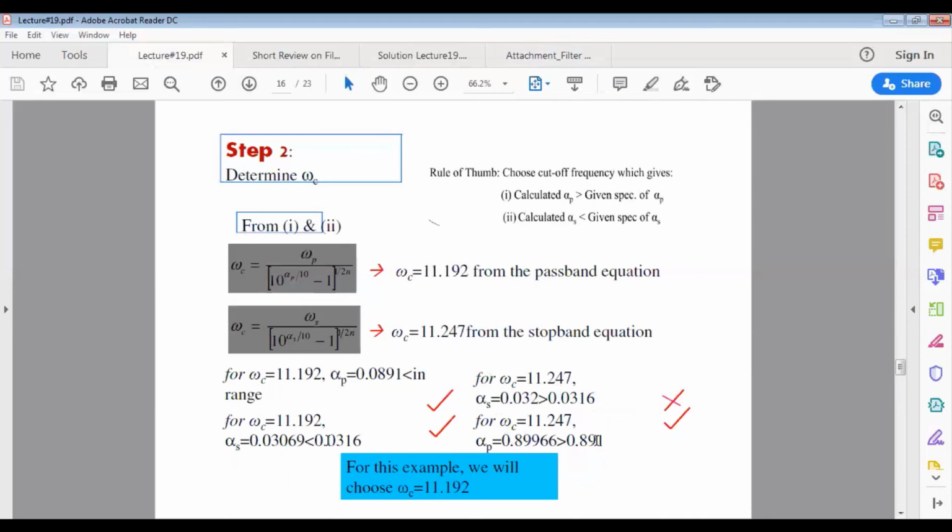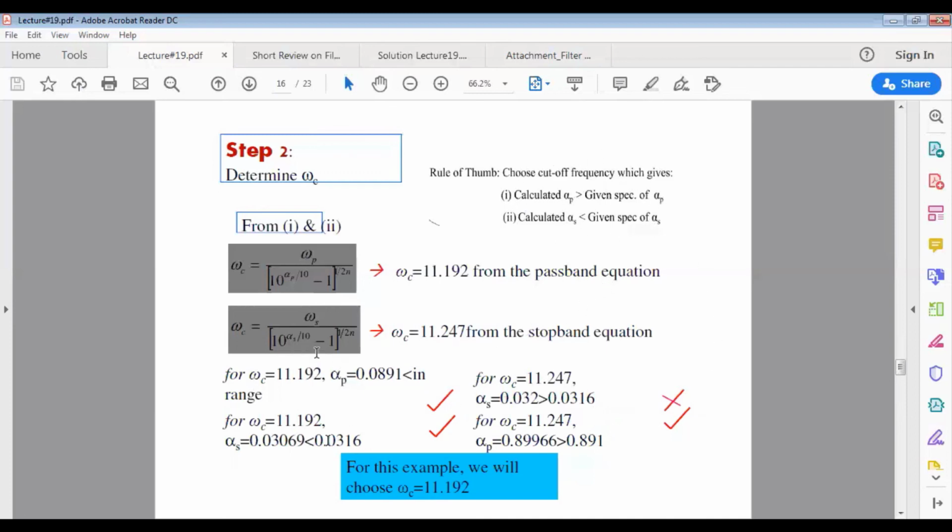So the problem is that the calculated alpha S using this omega C value is bigger than the specification. So we cannot select this omega C of 11.247 because it does not follow the rule of thumb as stated here.